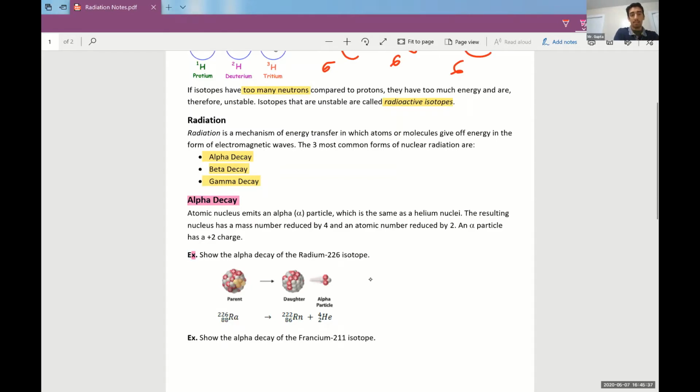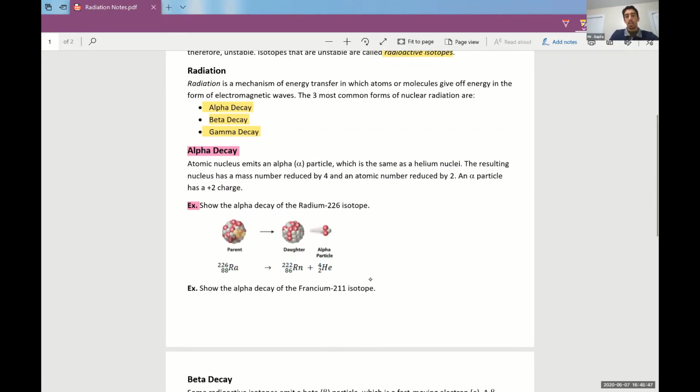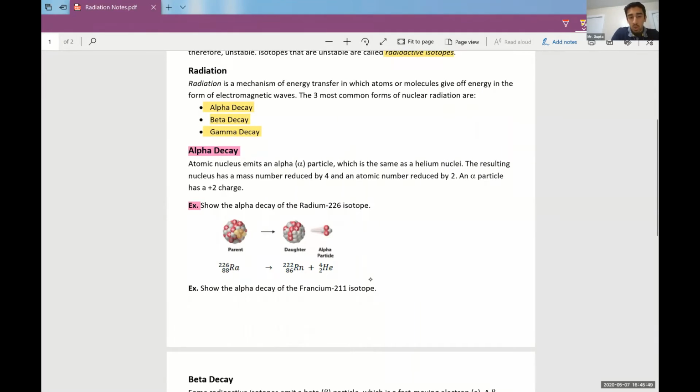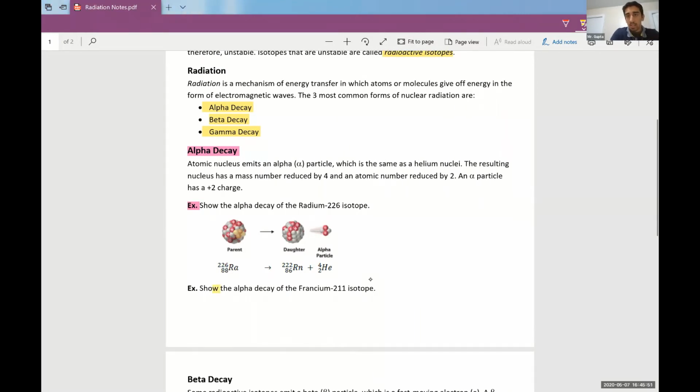We have the example. It says, show the alpha decay of radium-226. This example has already been completed for us. You see radium-226. One second, let me just get my pen. Radium-226.